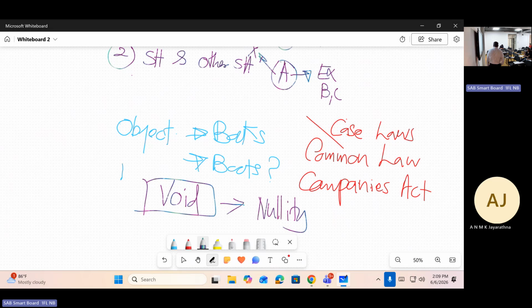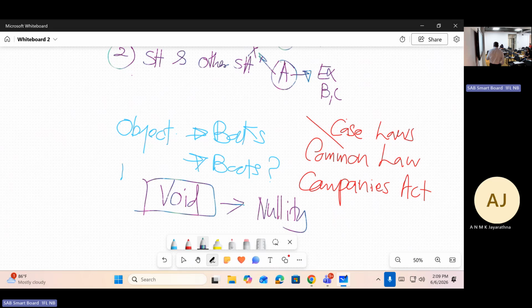In this case, the court discussed the validity of this type of contract by introducing a concept. Suppose the company engages in a contract beyond its objects.